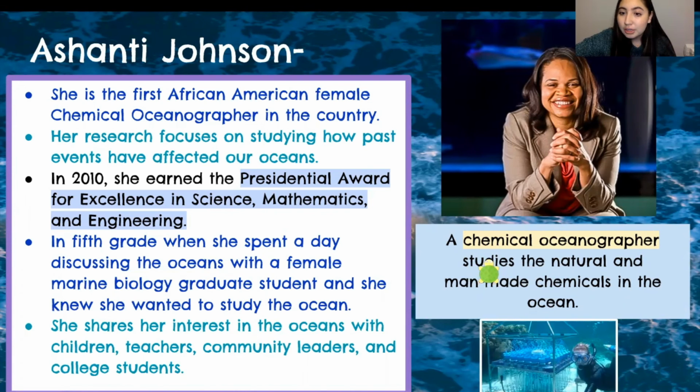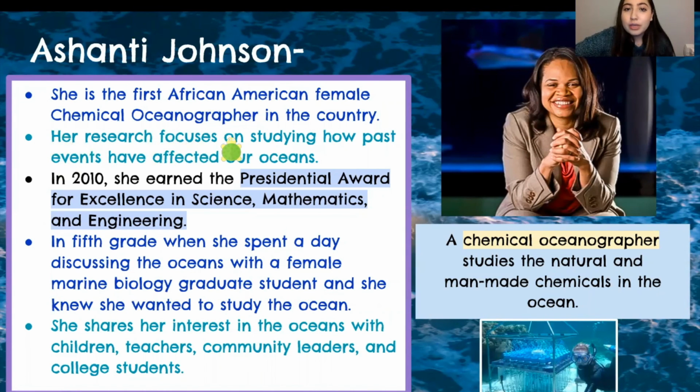That means she studies the natural and man-made chemicals in the ocean, because there's chemicals in the ocean, right? And here's an example. They would study the ocean with all this technology, and they'll see how these chemicals change the ocean. So Ashanti is the first African-American female chemical oceanographer in our entire country.